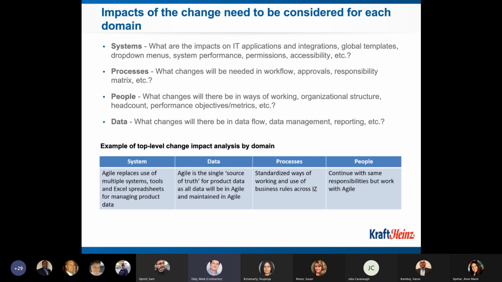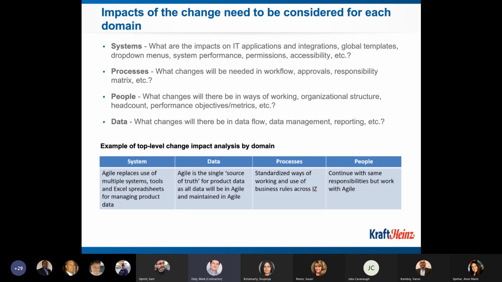What needs to change in terms of workflows, responsibility matrices, permissions and approvals, things like that. What will need to change or be impacted in terms of people. So the way they work, the way they will interact, organizational structure, which can mean also headcount, maybe changing some roles, maybe adding or tweaking some tasks that people would perform.